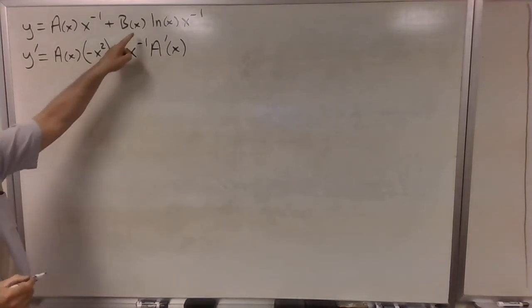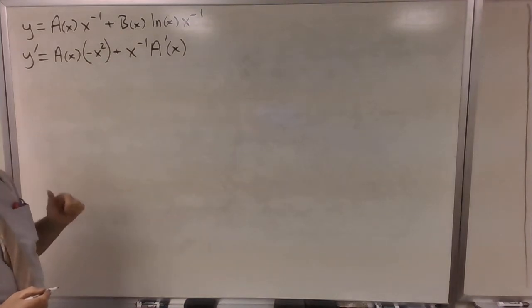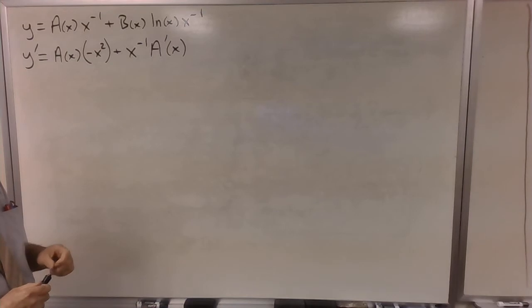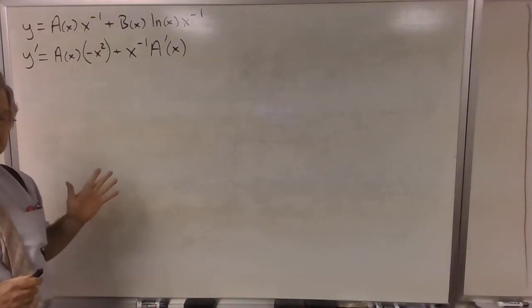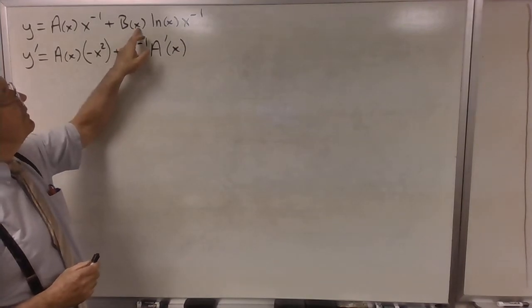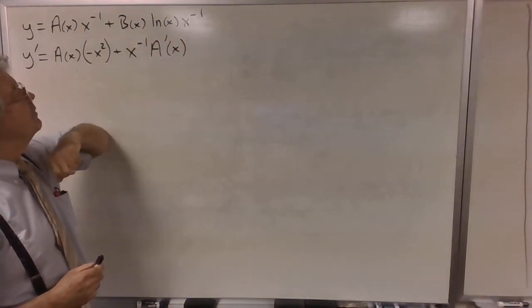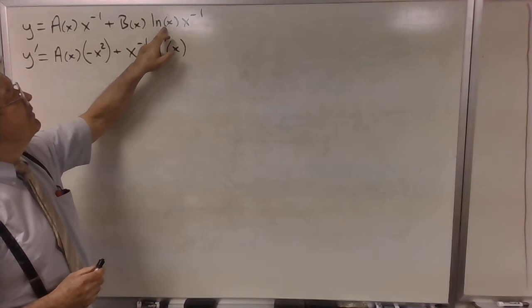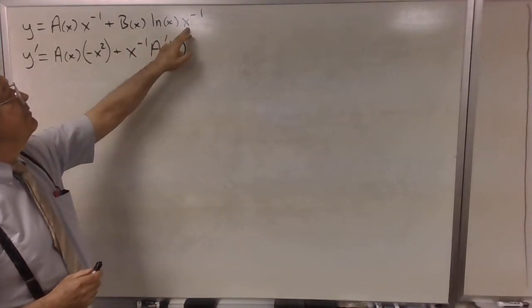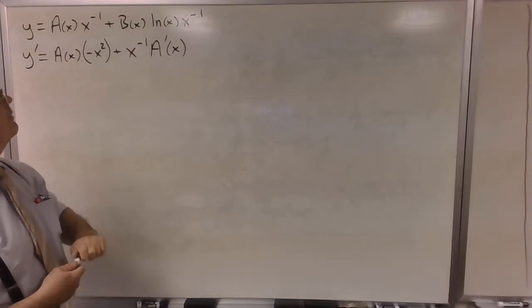Then we move on to this term, and it's the product of three factors. So I'll tell you how I'm going to apply the product rule to this. Derivative of the first times the other two, plus derivative of the second times the other two, plus derivative of the third times the other two.